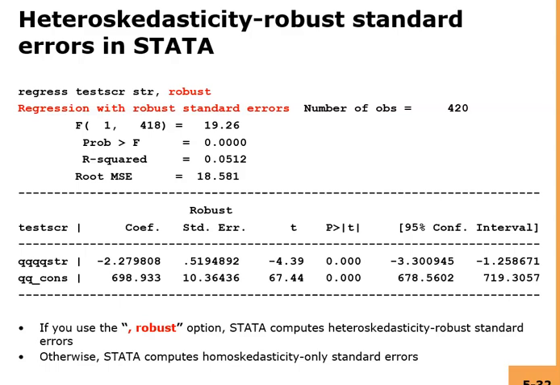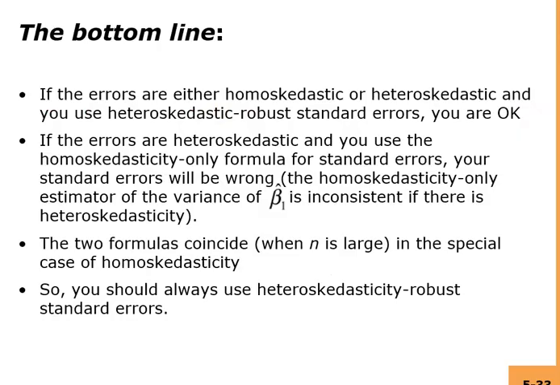So you are in a better position if you use comma robust, whether there is heteroskedasticity or reason to believe there is homoskedasticity in the errors. That is the bottom line: the two formulas coincide when n is large in the special case of homoskedasticity. So just always use heteroskedasticity-robust standard errors in order to avoid any problem with the interpretation of your beta 1 hat and beta naught hat.